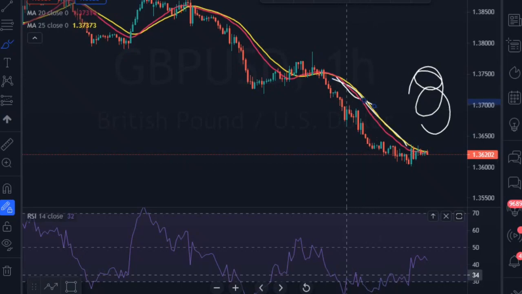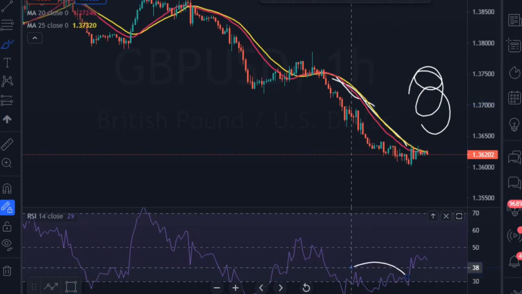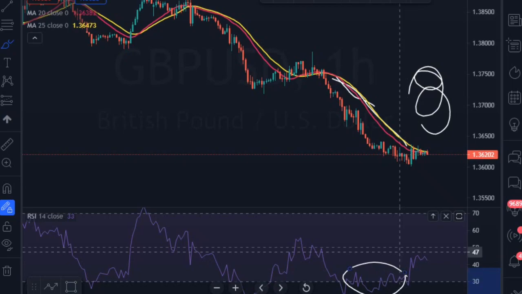So let's take a look at the RSI. Let's see how the RSI is trying to give us those fake outs. You can probably see here where the RSI is already giving you that buy signal, that price is already at the 30 zone, which means that we should buy.